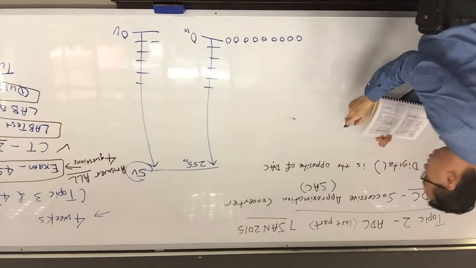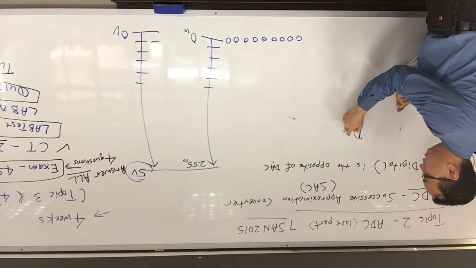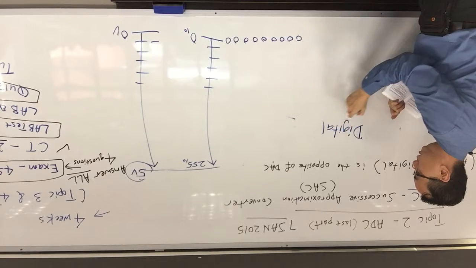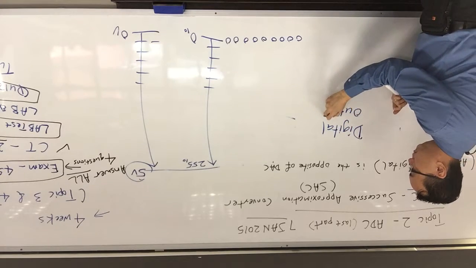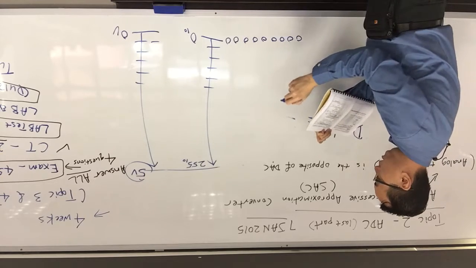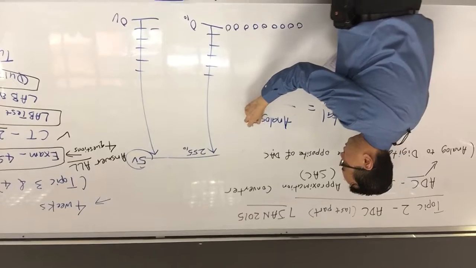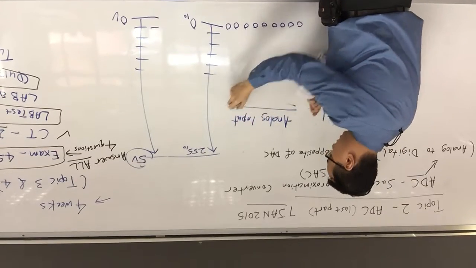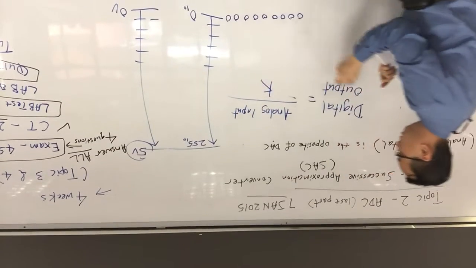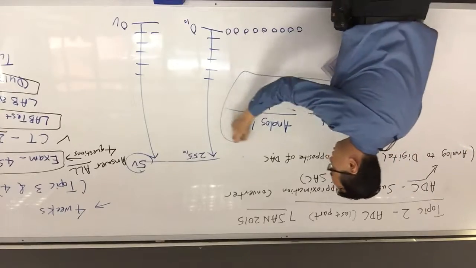We have this digital output. The formula is pretty much the same, where you have the analog input divided by the K.